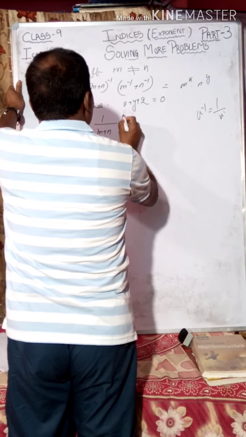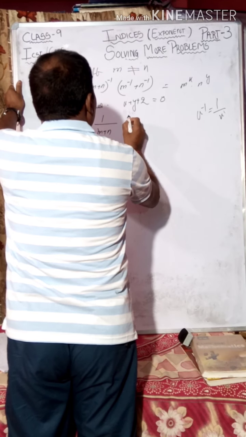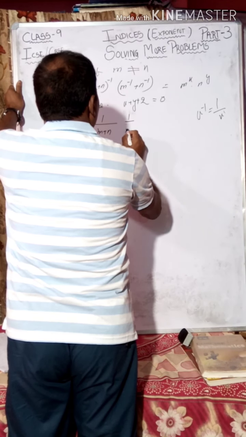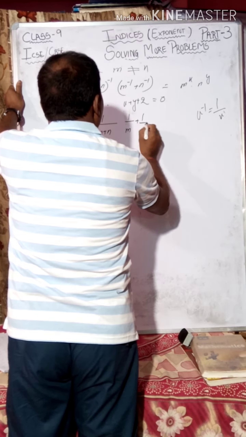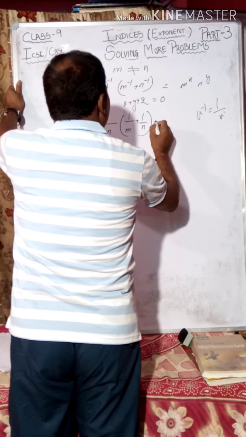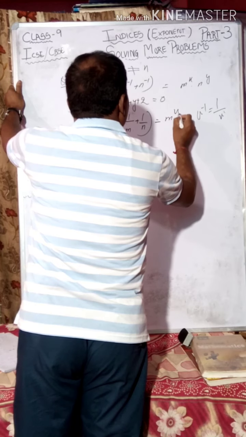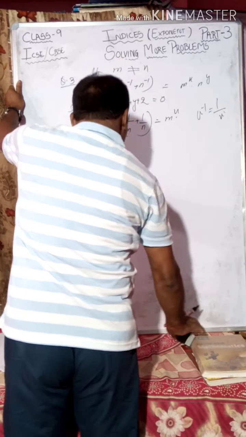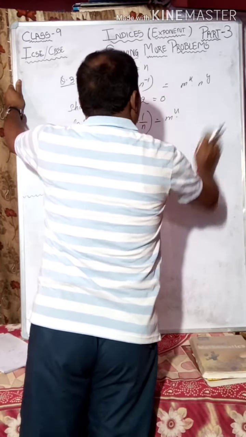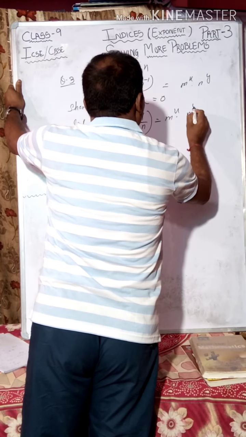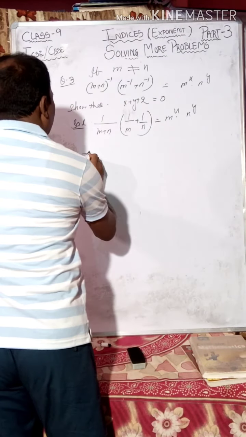Then m to the power minus 1 means 1 upon m plus 1 upon n, that is equal to m to the power x into n to the power y.